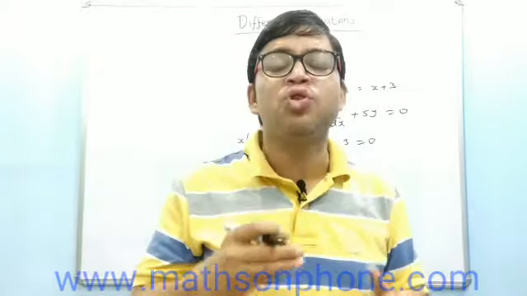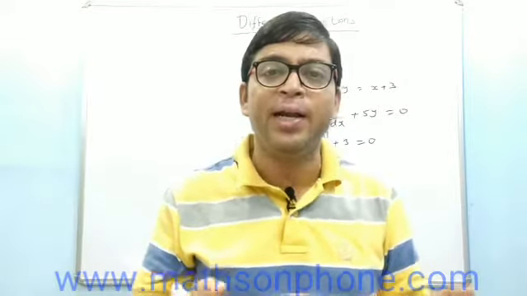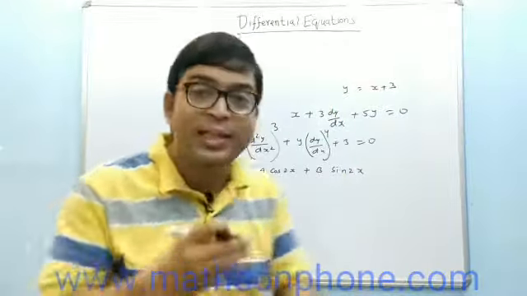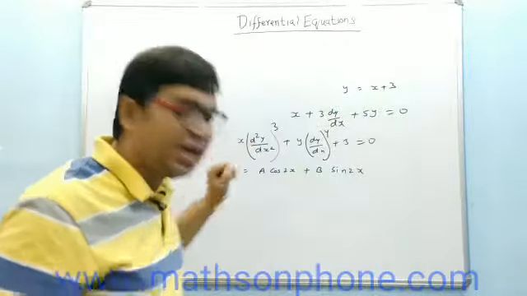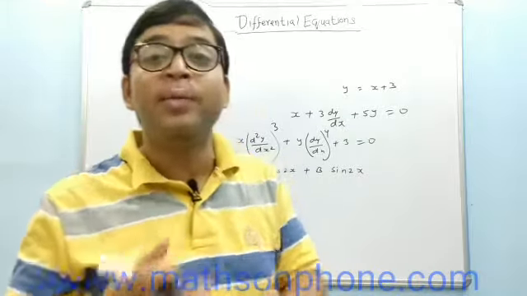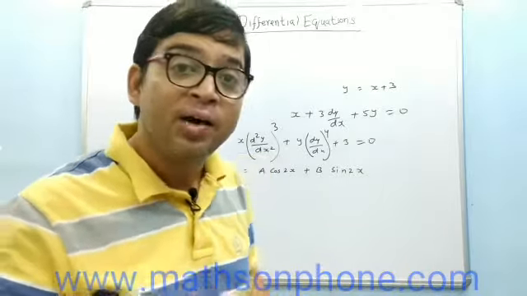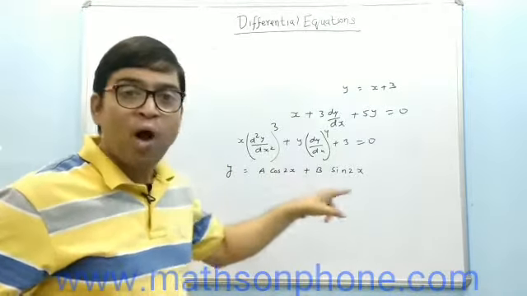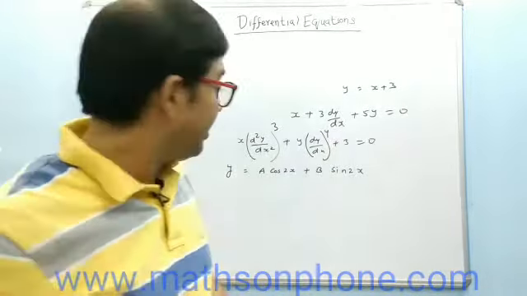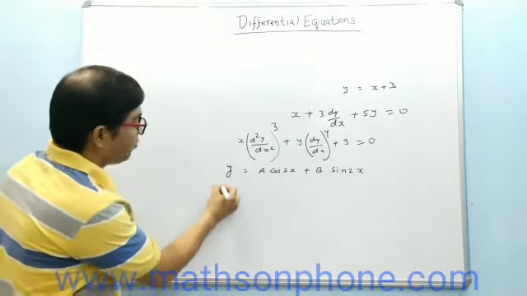But if we need to solve the differential equation completely, we will need actually 3 equations: one is the original one and 2 will be the derived, differentiated ones. So you just concentrate on how to get rid of the parameters. I am just differentiating this once.